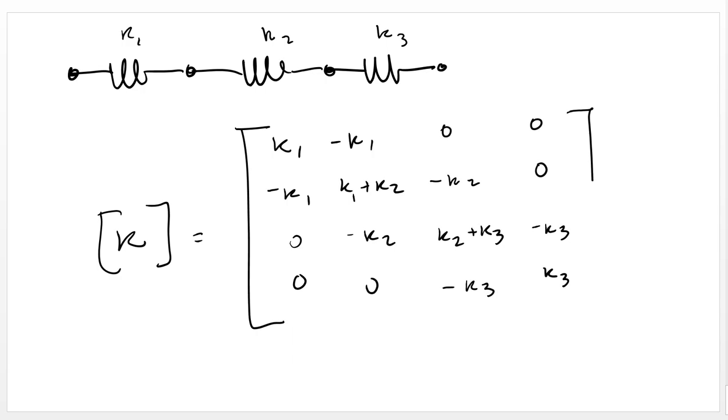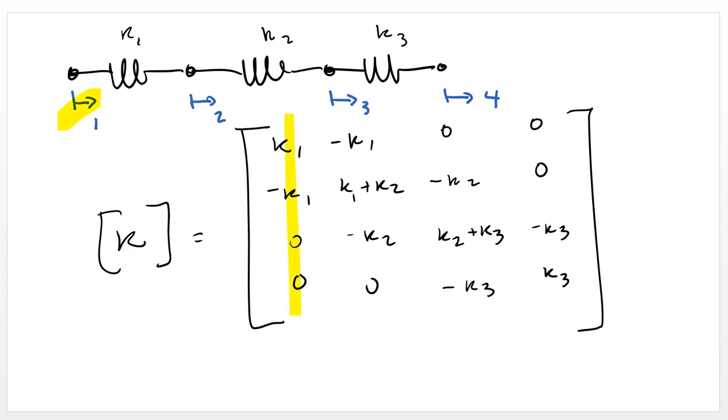I want you to take a look at this and make sure you understand what's going on there. These are basically the degrees of freedom, 1, 2, 3, 4. So we have 4 columns.